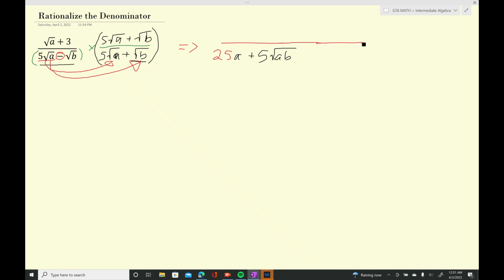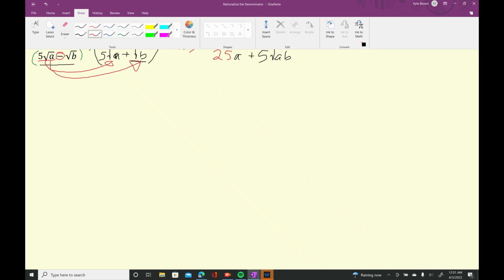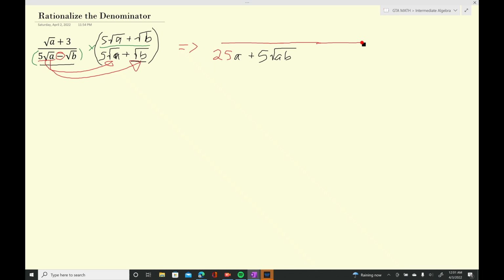We've taken care of that first part. Now we're going to finish the second part. We're going to multiply this negative square root of b by this function, and then we're going to do it here as well. The square root of b times 5 square root of a is going to give us a negative version of what we just got here, because there's a negative sign in front.